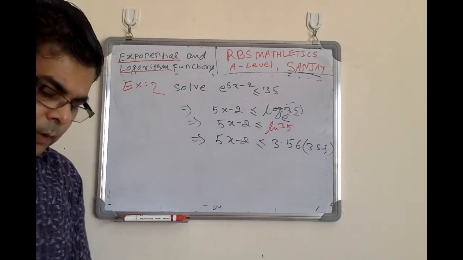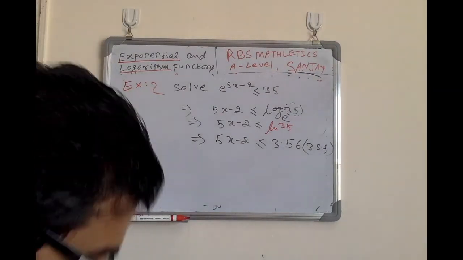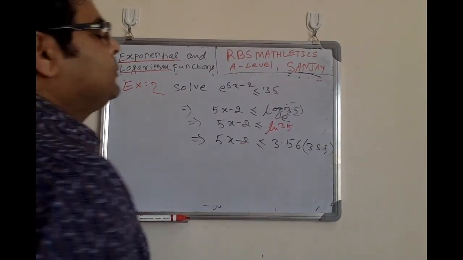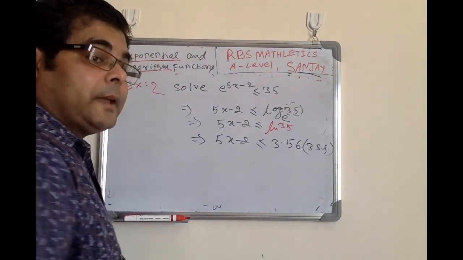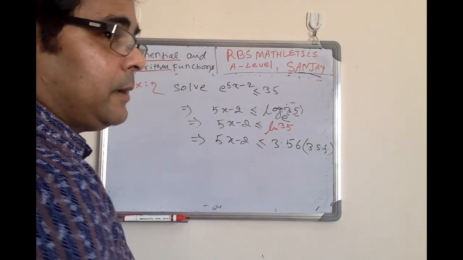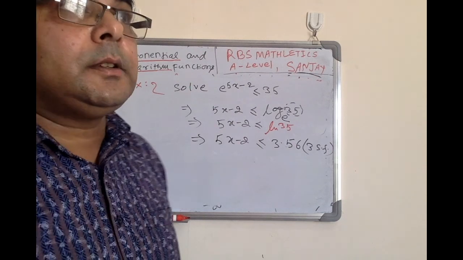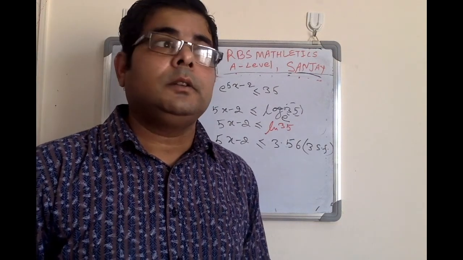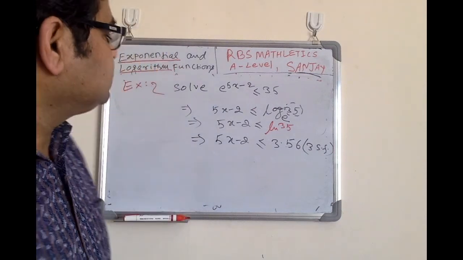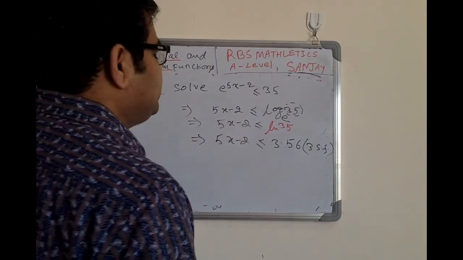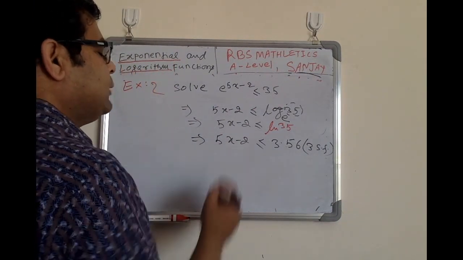This is the usual way we express decimals, up to 3 significant figures, or sometimes 4 significant figures, or sometimes 3 decimal places. Usually this is stated in your question. So now this is a simple inequality that we can solve to get the value of x.